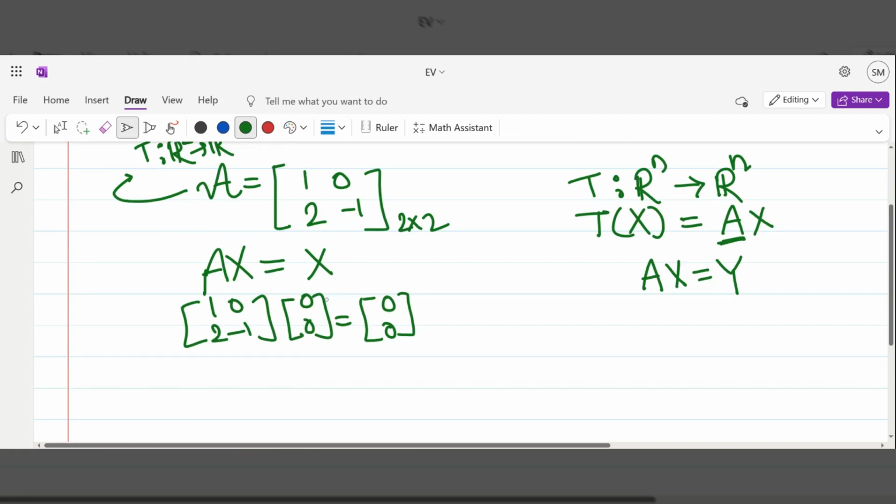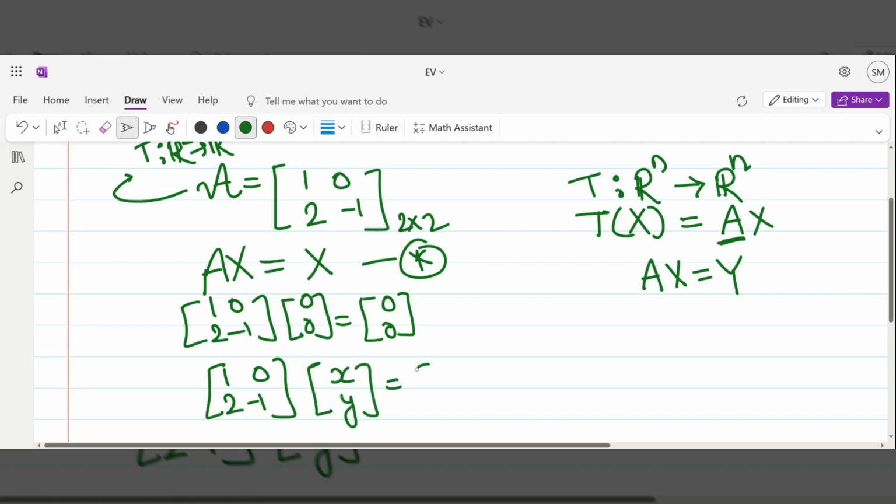So just try to find out such a vector. Let us simplify the equation Ax equal to x: matrix 1 0, 2 minus 1, and I assume that the unknown vector is x y and the output is again the same vector x y.